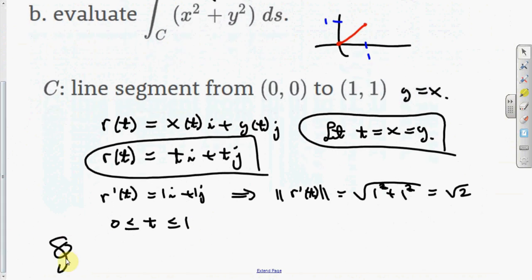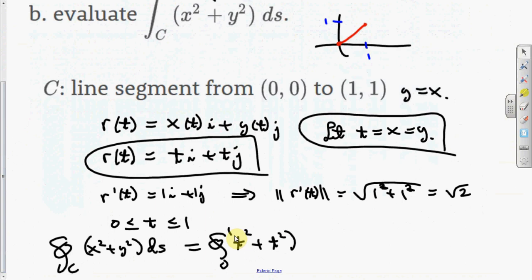So this line integral of this function, x squared plus y squared ds, is equal to the integral from 0 to 1 of x squared, that's t squared, plus y squared, that's t squared, times ds. Again, ds is equal to the norm of r prime of t times dt. Well, we get the norm is the square root of 2 times dt.